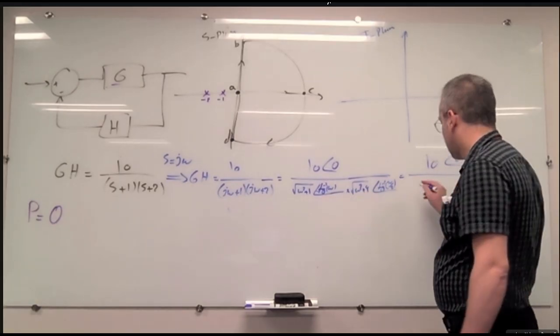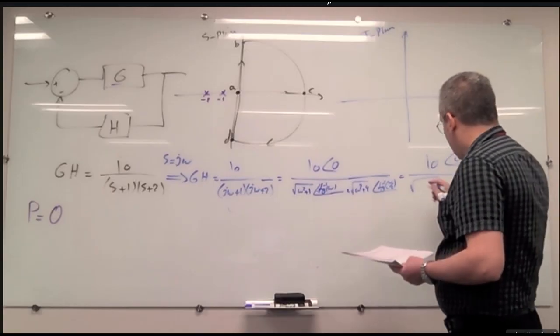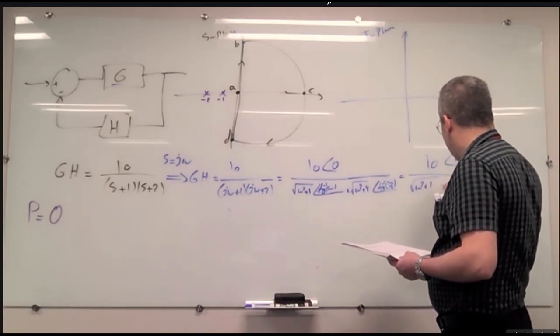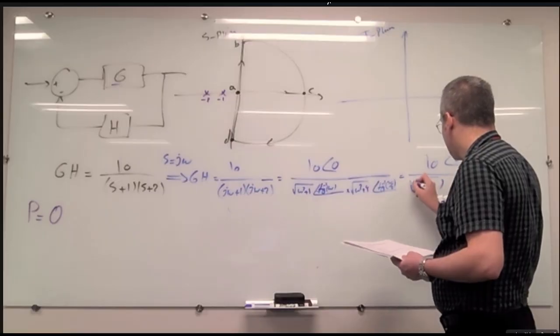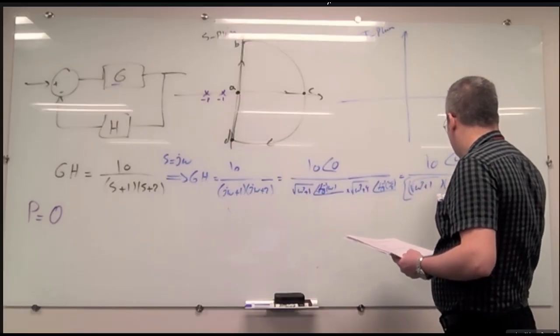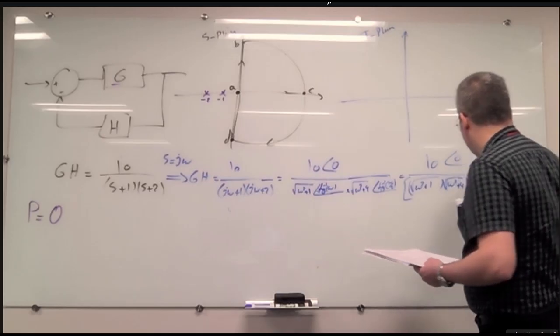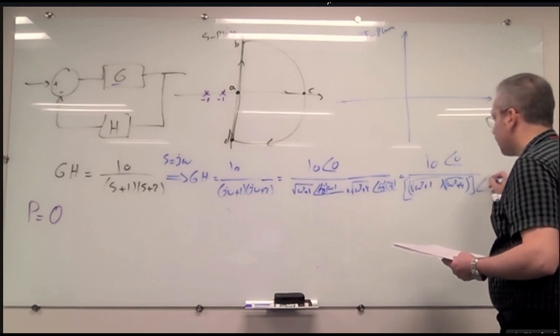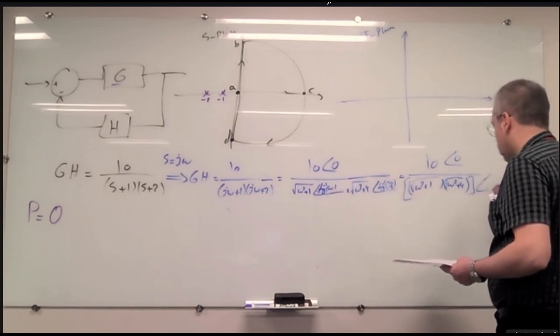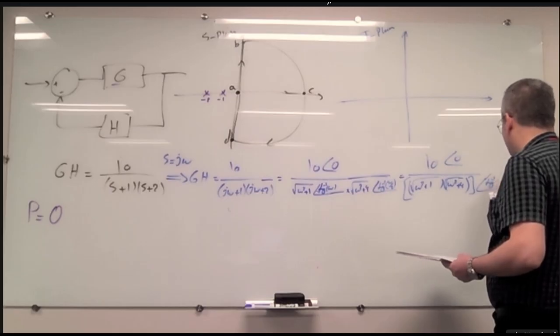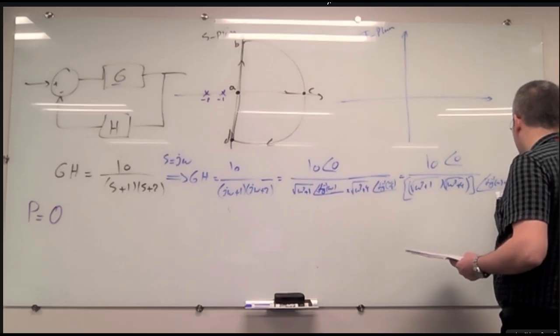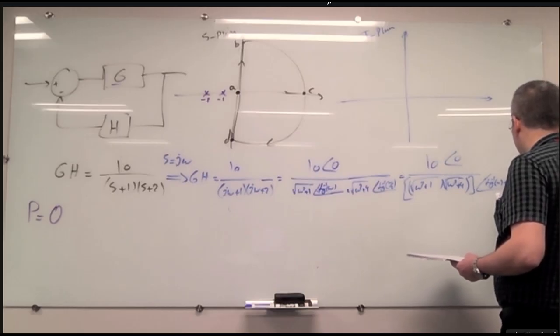This is going to be the square root of omega squared plus 1 times the square root of omega squared plus 4. This is going to be our magnitude, and the phases are going to add to each other, so it's tangent inverse of omega plus tangent inverse of omega over 2.